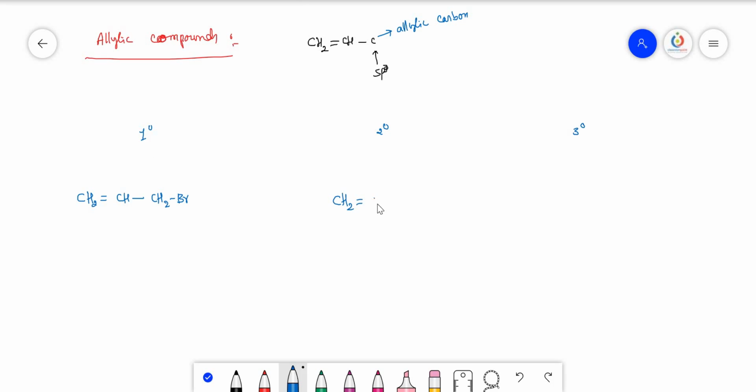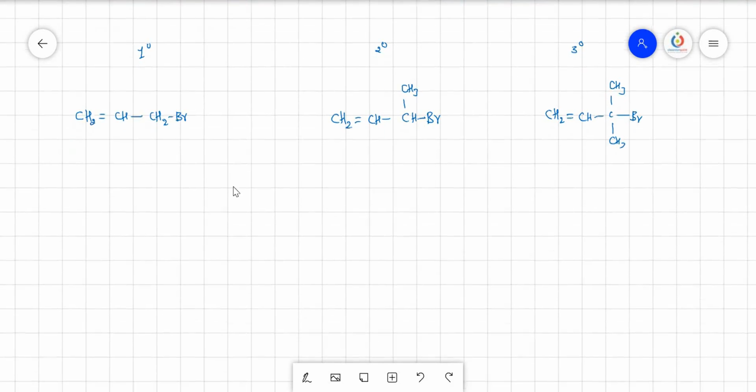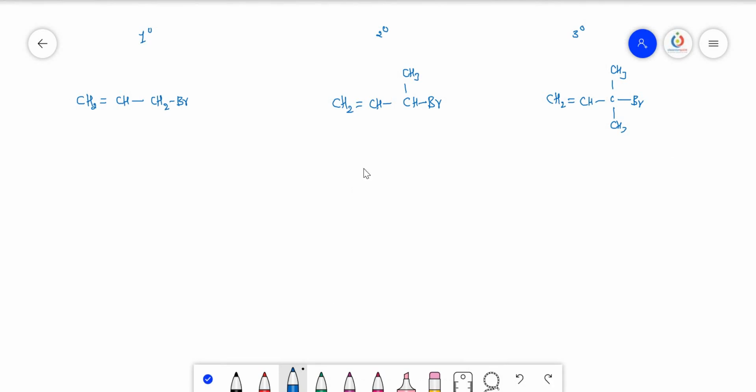Secondary allylic means this is an sp3 hybridized carbon and at the same time an allylic carbon connected to two other carbon atoms, hence it is called the secondary allylic halide. And tertiary allylic halides means the compound will be like this. So this is the tertiary allylic compound. So primary allylic, secondary allylic and tertiary allylic. Apart from these acyclic compounds, cyclic compounds also exist like this.